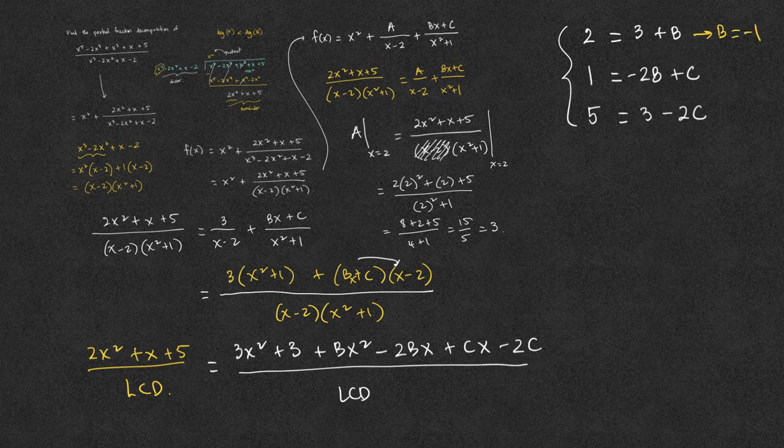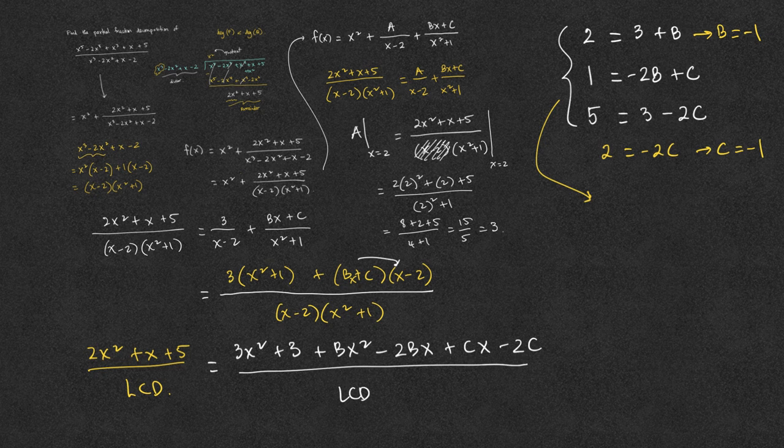From the last equation, we have 5 minus 3 is 2. 2 equals negative 2c, so c equals 2 over negative 2 or negative 1. Once we have b and c, we are done. But let's double check to see if the middle equation is also correct.